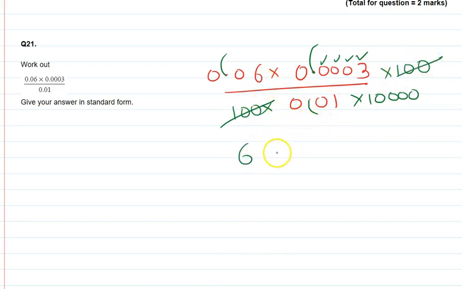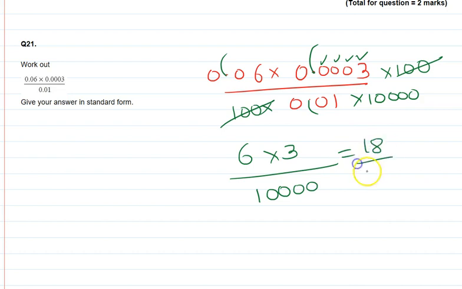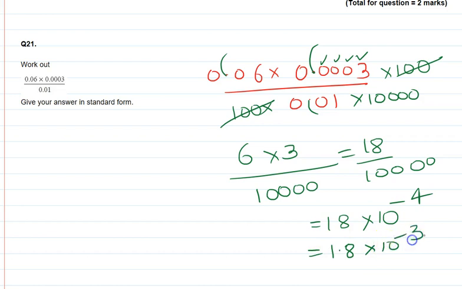That is 6 from here, 3 from here, this 1, and then 10,000. 1 2 3 4, so 6 times 3 is 18 divided by 10,000. So you can write 18 into 10 to the power minus 4, or you can write 1.8 times 10 to the power minus 3. Okay, so that should be your answer.